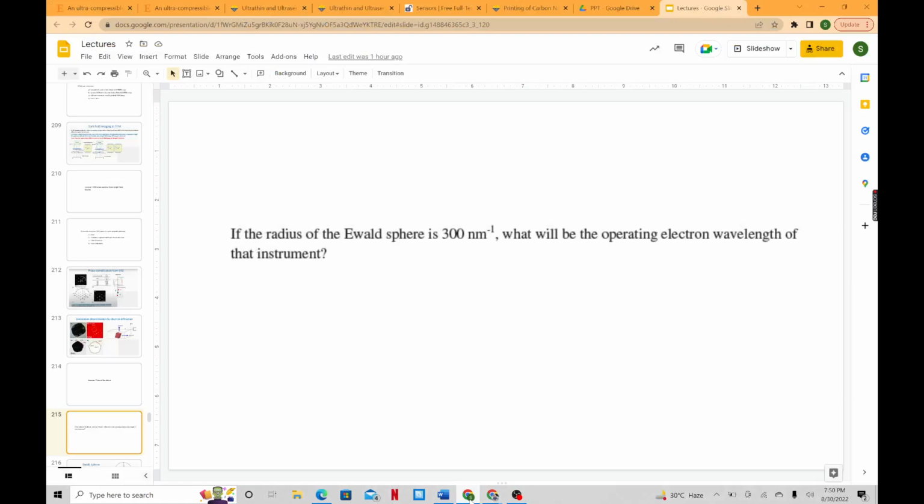Where is it asking about angstrom? Here it is not. He got confused. We need to convert it into nanometer. Even if it is given in nanometer, you can give it that way. If it were asking in angstrom, here it has not mentioned anything about this, so you can give it in nanometer only.